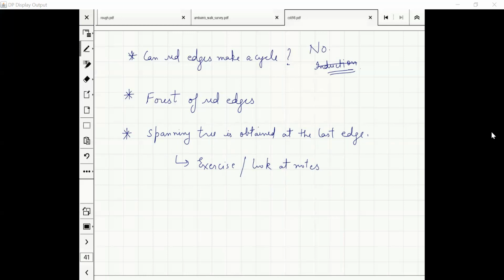Using that argument, if you already got a spanning tree and there is a blue edge remaining, that blue edge would have made a cycle. But anyway, I will not worry about it now. You can try it. It's a very nice, simple combinatorial exercise. If not, the solution is given.